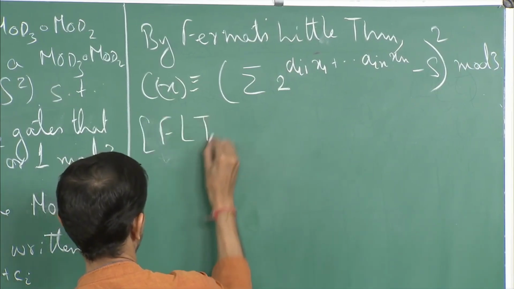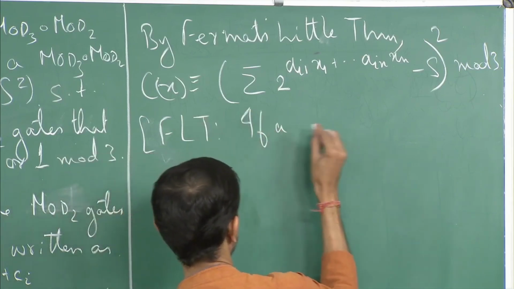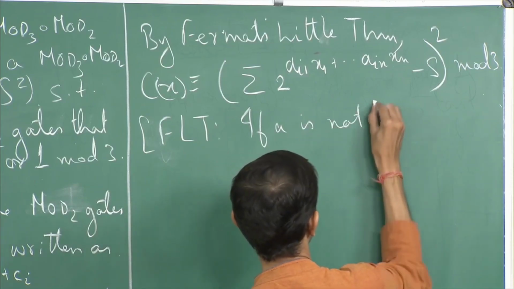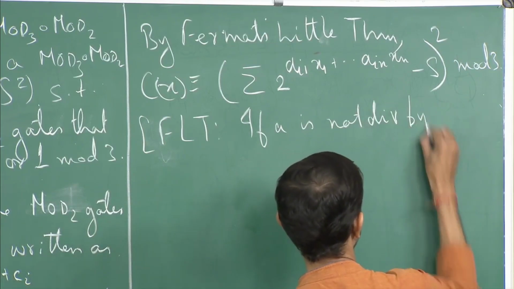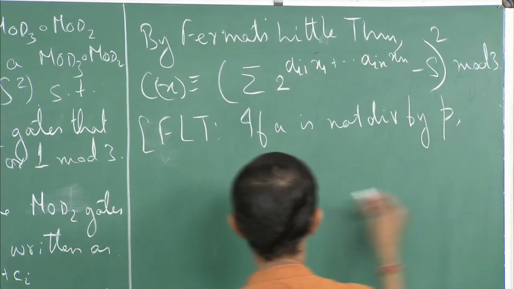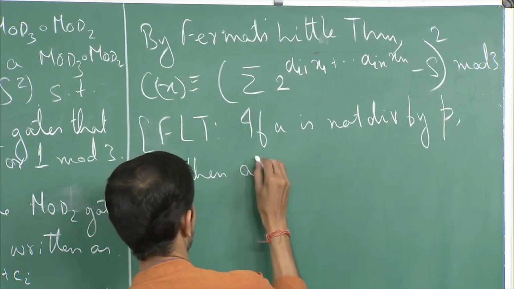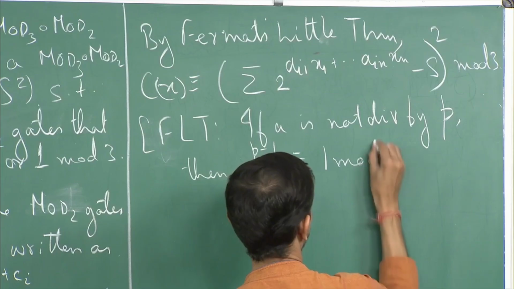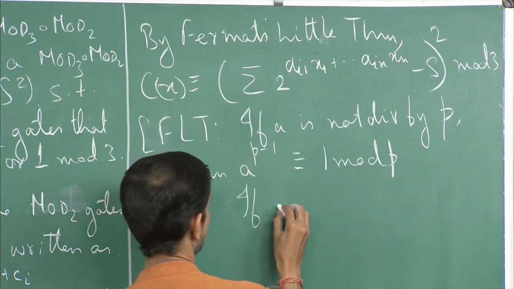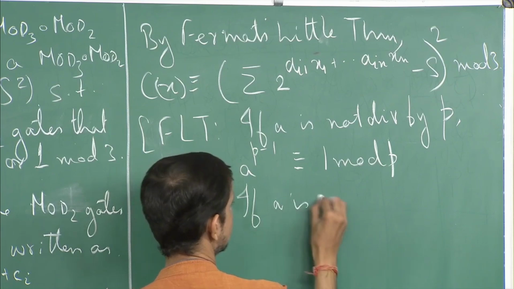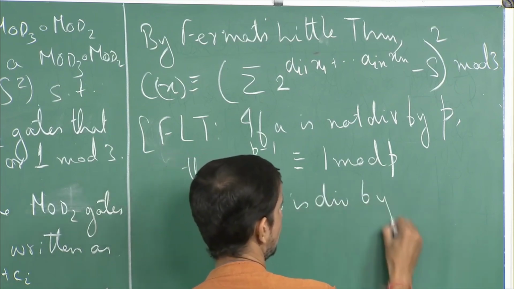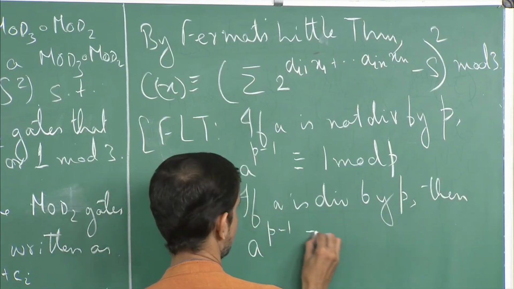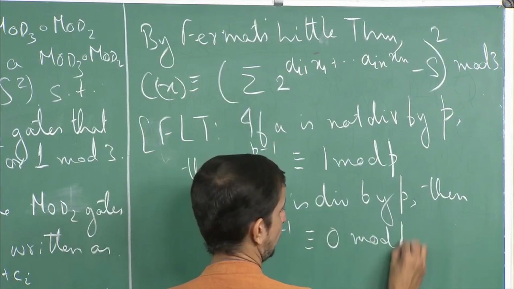So, Fermat's little theorem. If A is not divisible by a prime p, then A raised to the power p minus 1 is congruent to 1 mod p, and of course, if A is divisible by p, then A raised to the power p minus 1 is congruent to 0 mod p.